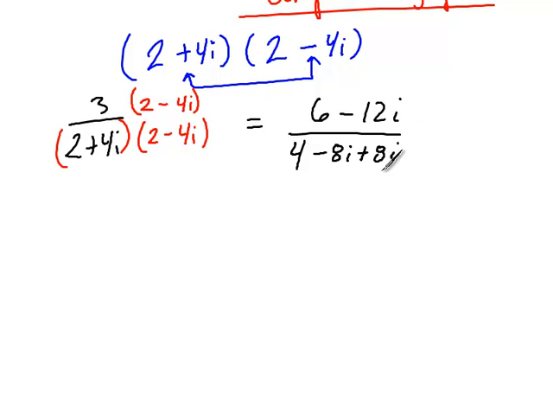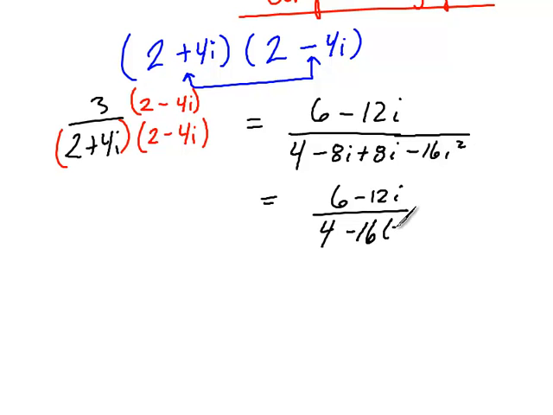See, they always go to 0. Minus 16i squared. So now we have 4, but remember i squared is negative 1. So minus 16 times negative 1, which is going to be plus 16. So 4 plus 16 is 20.